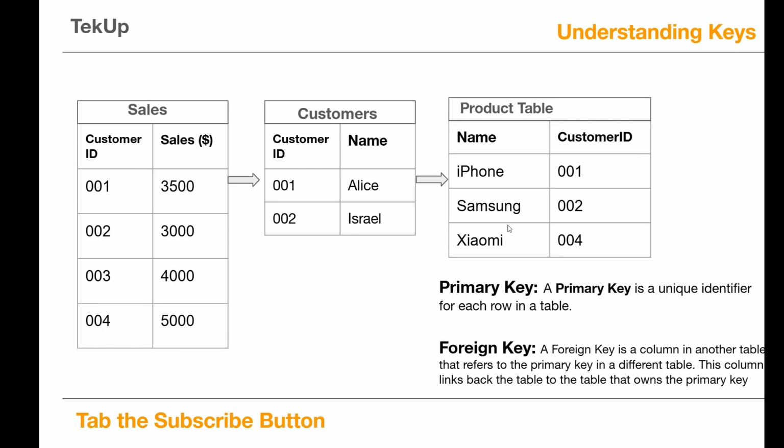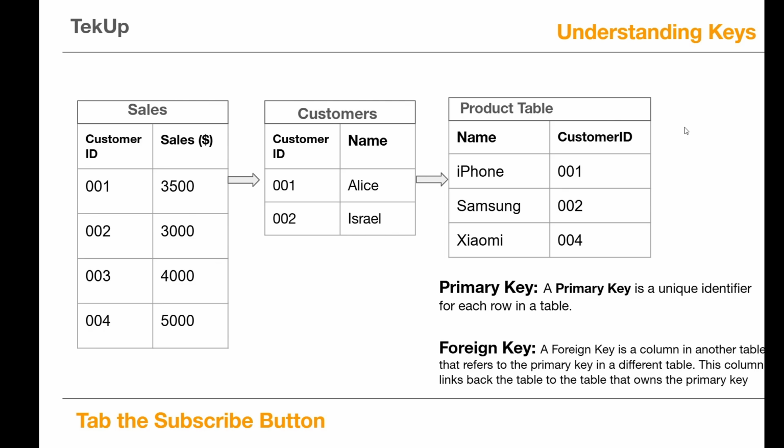One thing you need to know is that in this product table, this product ID column becomes the primary key. Now let's say in this sales table, we also have a column called the product ID. In this sales table, this product ID becomes a foreign key.